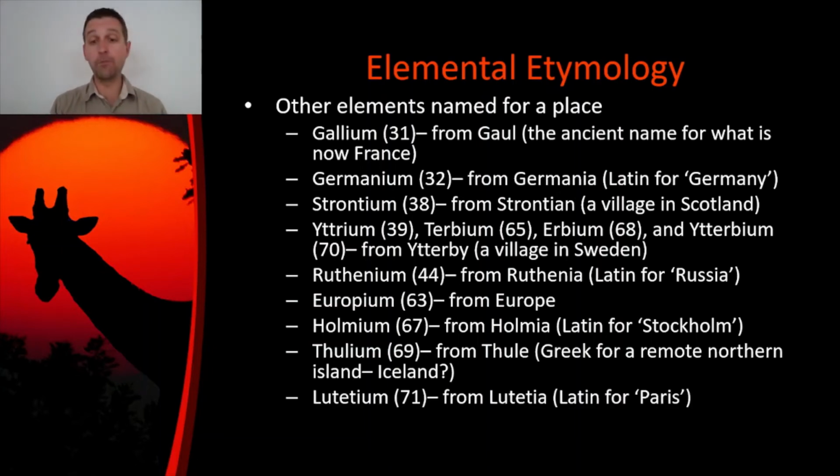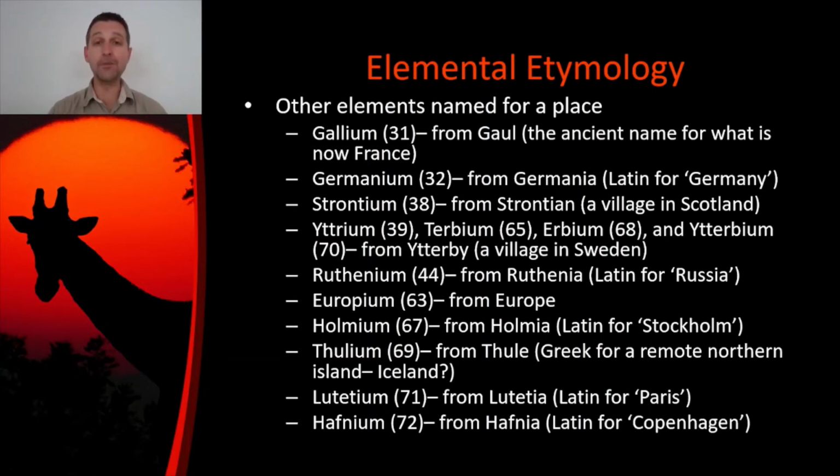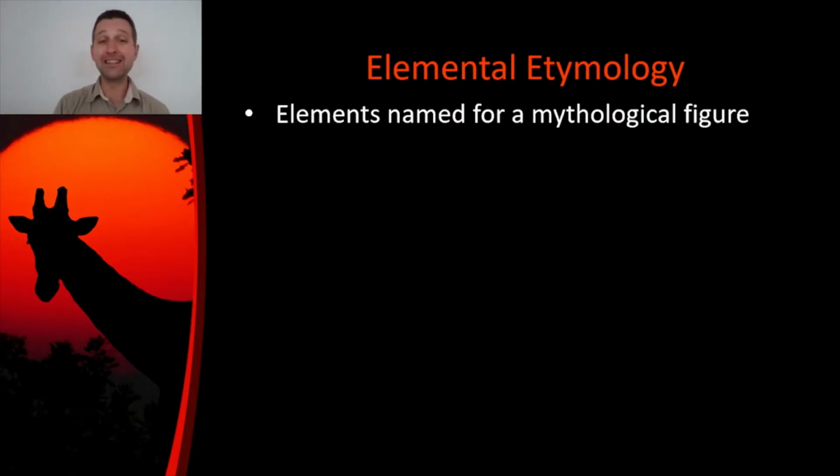Lutetium comes from the Latin Lutetia, which is actually just Latin for Paris, going all the way back to Roman times. And then finally, hafnium is from Hafnia. If that doesn't look familiar, that's just because it's the Latin name for Copenhagen, which of course is in Denmark. So you can see that these all make sense as elements that were named after a particular place that was associated with their discovery in some way.